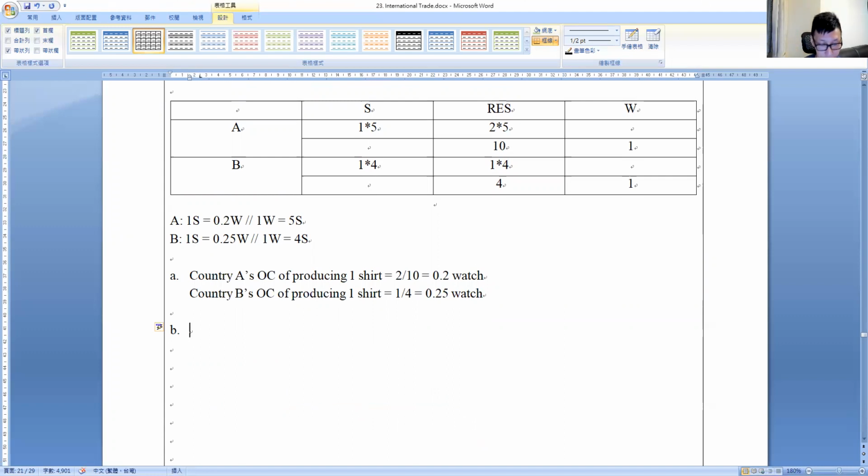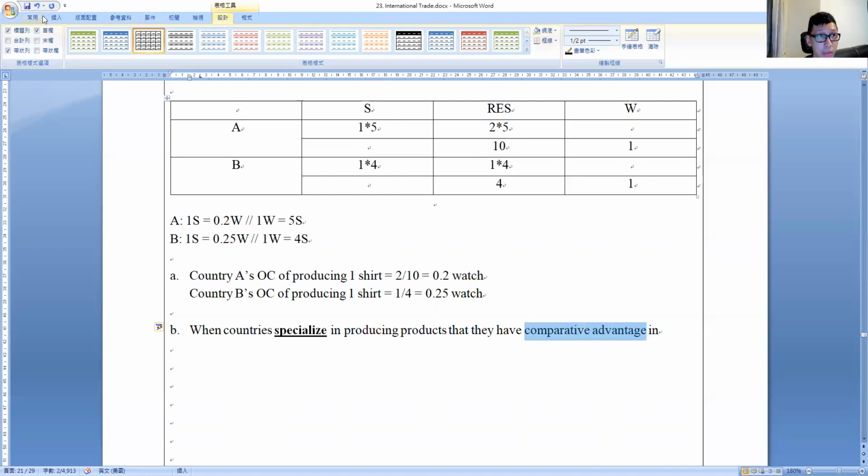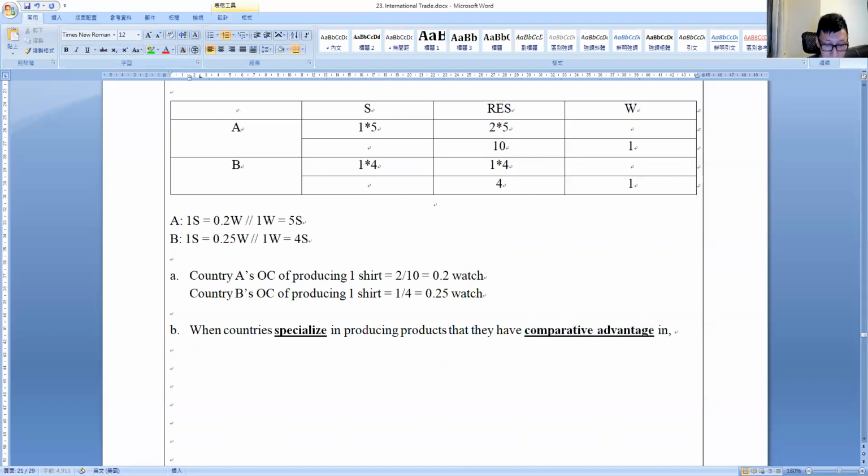Remember, according to the principle, when countries specialize in producing products that they have comparative advantage in, okay, these are the key words. Remember the word is total output, not individual output, total output of all countries would increase. Now this is the principle of comparative advantage.